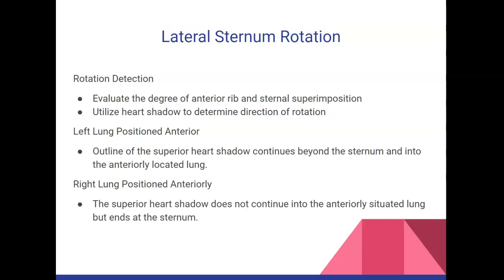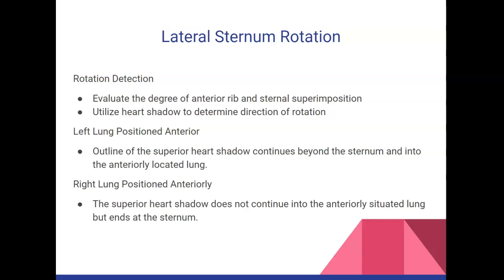So how do we determine which side is anterior? Since the heart shadow is located in the left chest cavity and it extends antero-inferiorly, outlining the superior border of the heart shadow enables recognition of the left side of the chest.